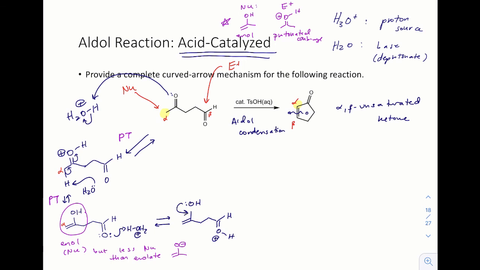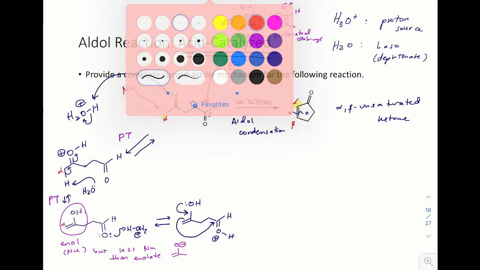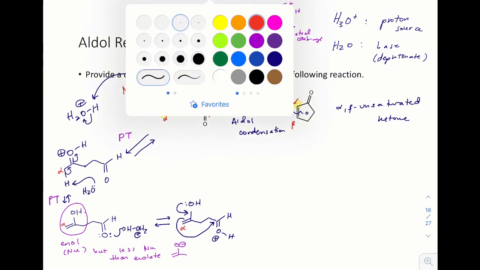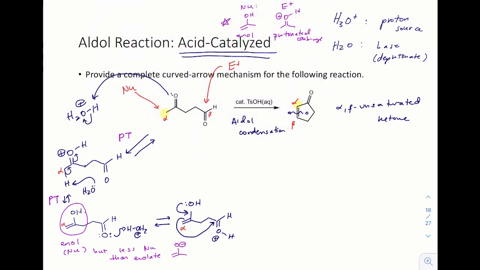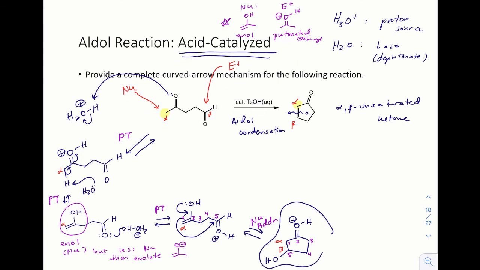So here's our aldol addition step, where the alpha carbon makes a bond to the carbonyl carbon. This will generate a 1, 2, 3, 4, 5-membered ring. Orient yourself. Be sure you can see how this intermediate is formed from this nucleophilic addition.